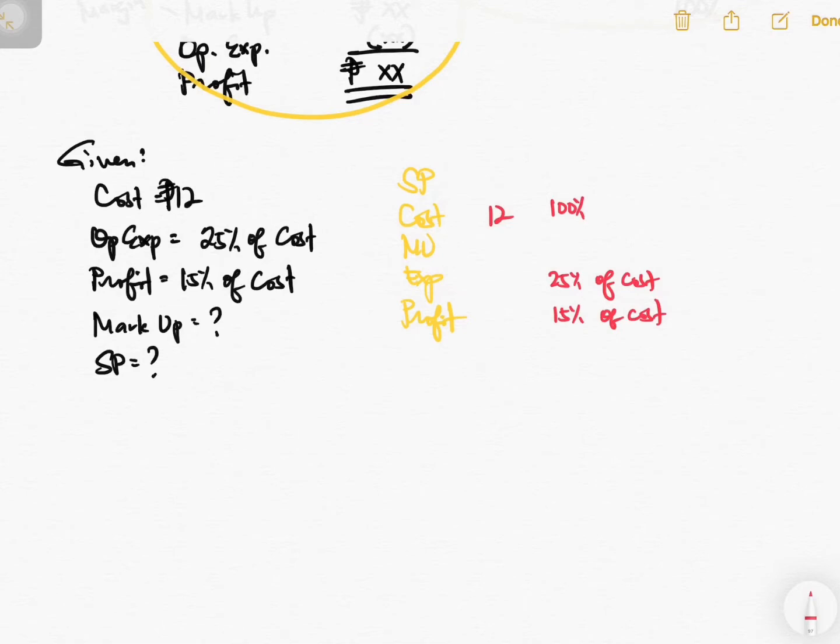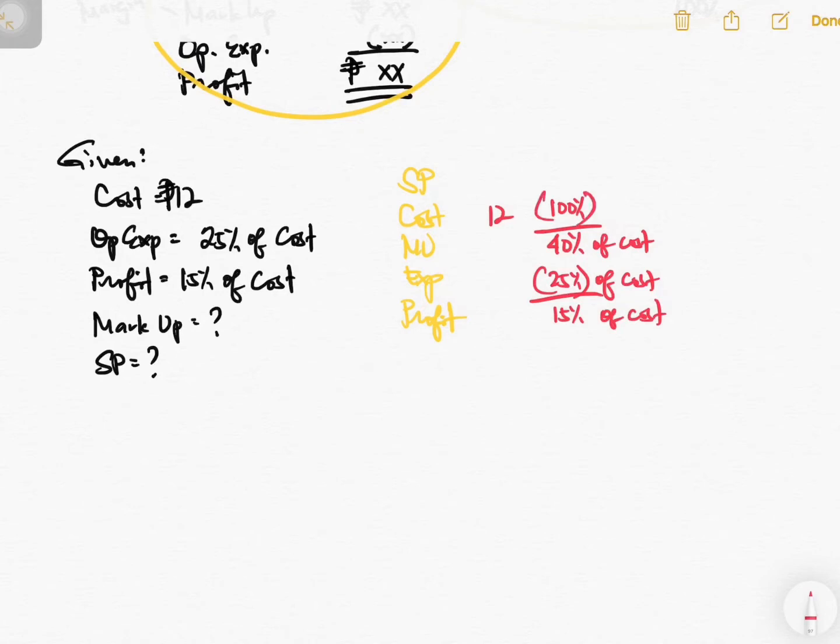So that's the given. Now, you have to note that if you add your expense and profit, you will get your markup. So 15 plus 25, this is 40% of cost. Right? Because 40% minus 25%, you will get 15%. So this is correct. So we can work backwards.